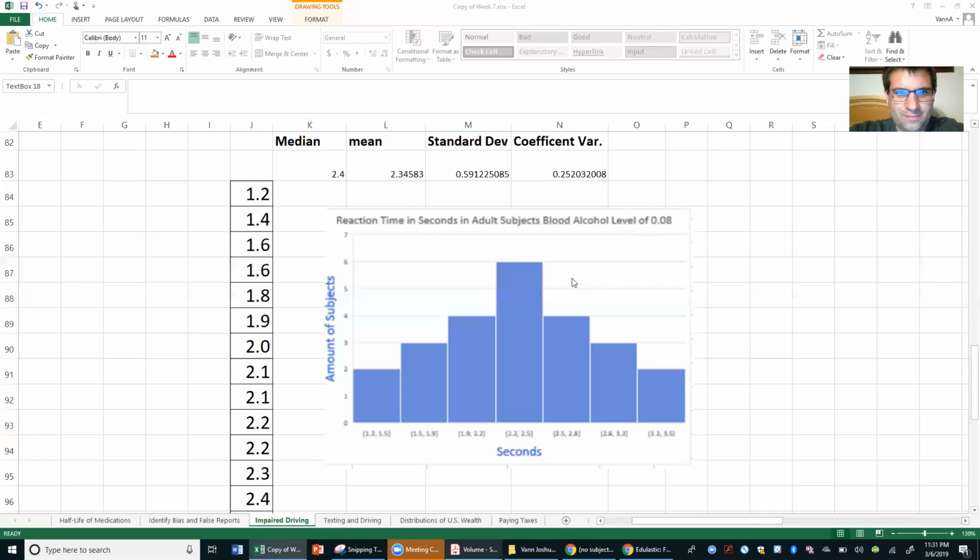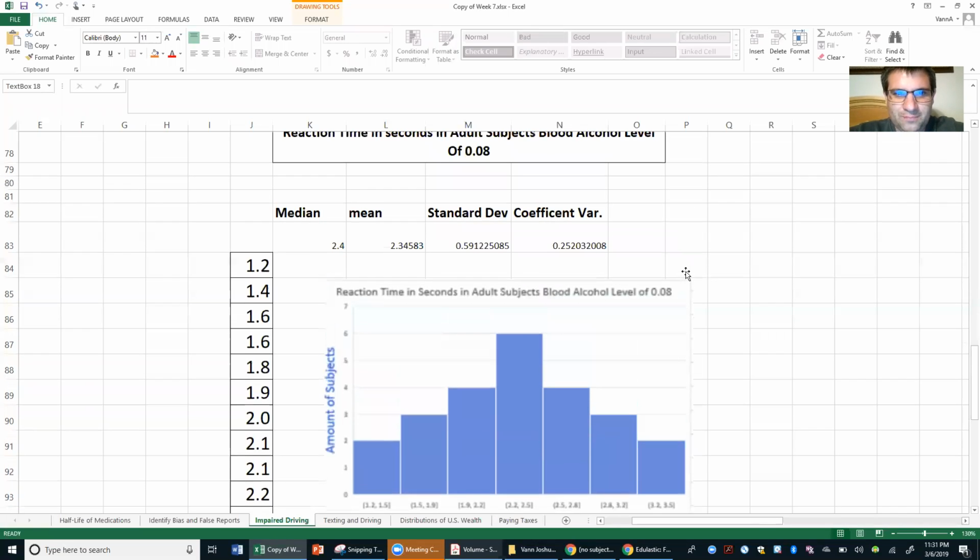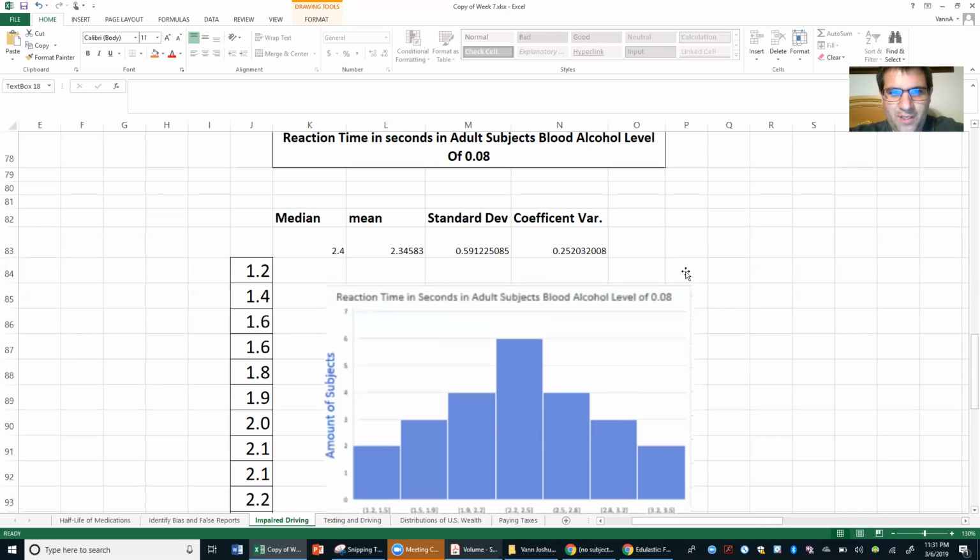On this one we used the histogram to show the reaction times. The median was 2.4, the mean was 2.34, the standard deviation was 0.59, and the coefficient of variation was 0.25.